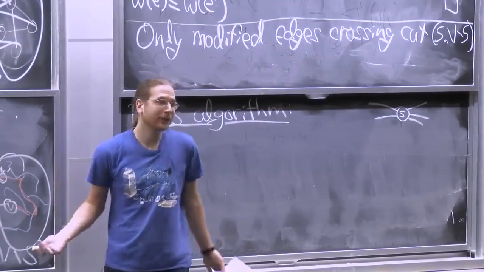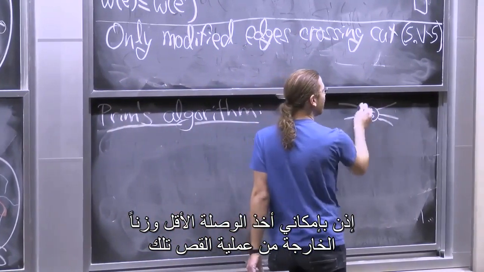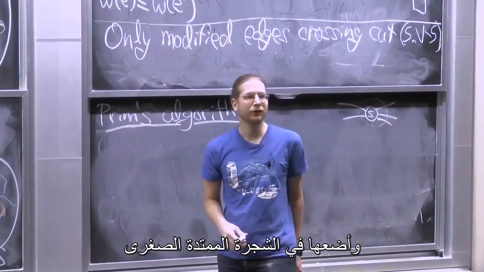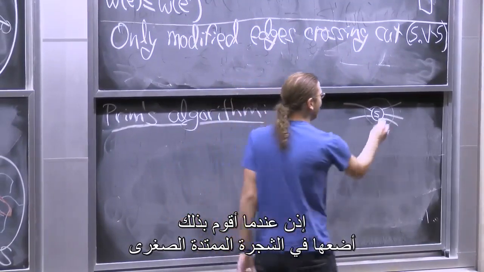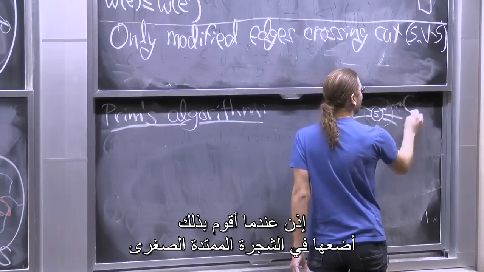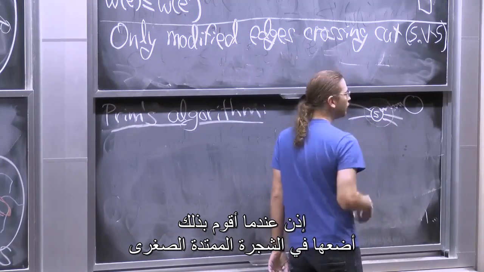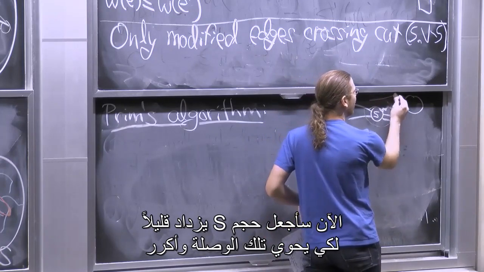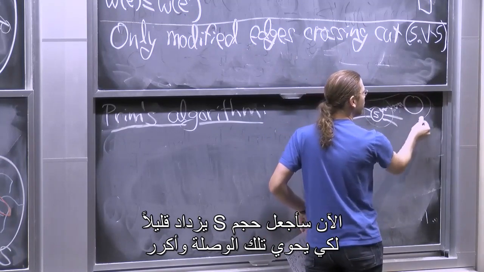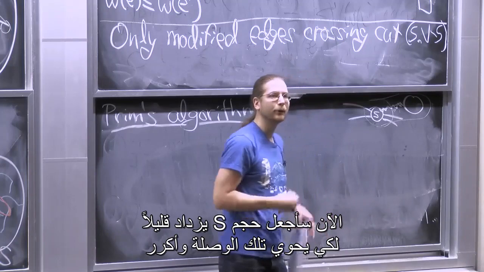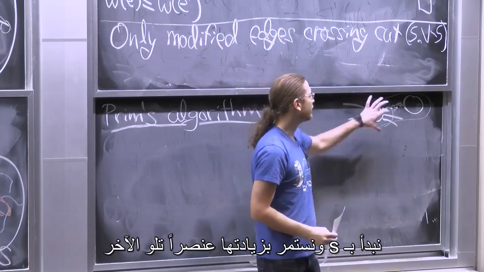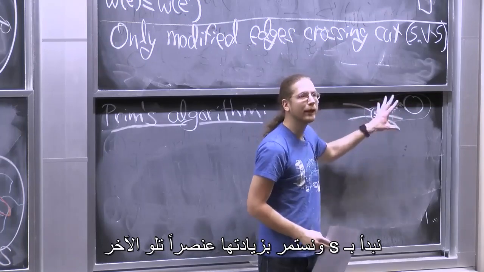That's a cut. And so I could take the minimum weight edge coming out of that cut and put that in my minimum spanning tree. I put it in my minimum spanning tree because I know it's in some minimum spanning tree. Now I'm going to make S, capital S, grow a little bit to include that vertex and repeat. So that's actually also a very natural algorithm. Start with a tiny S and just keep growing it one by one.